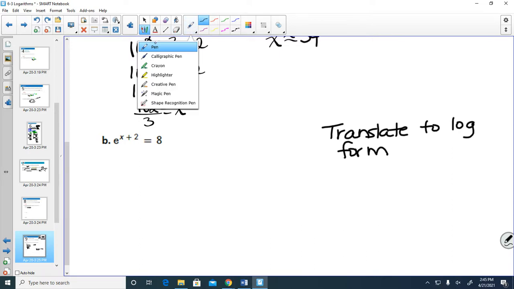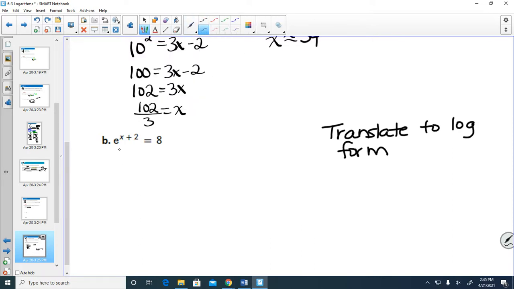Maybe that will help you solve. I also notice that I have an e as a base. Since e is the base, that tells me I'm going to use the natural log, and I'll draw a cursive L so that I don't confuse it with a 1. So I'm going to change it to log form.